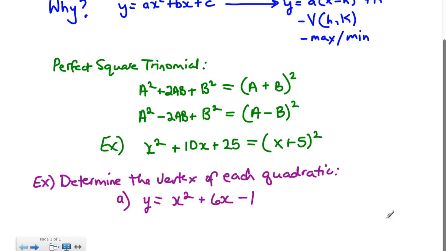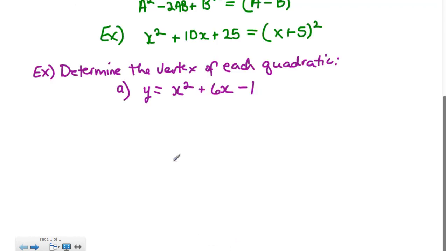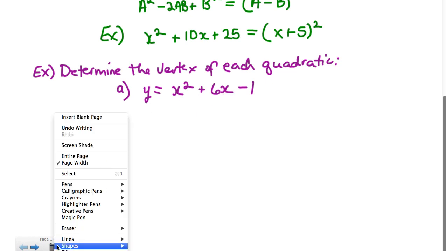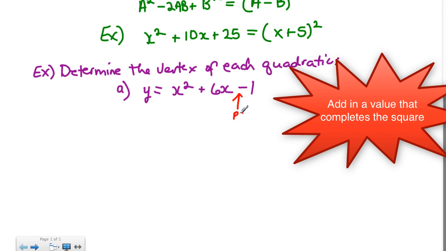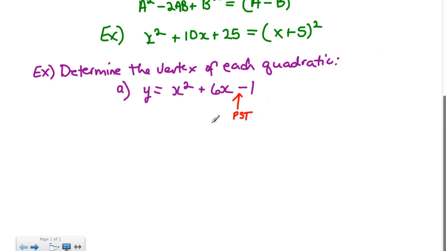So what I'm going to do is add a value in right here that completes the square. That is, I'm going to add in a value that makes a perfect square trinomial. But I can't add a value in without it changing what the actual graph is going to look like. So I'm going to add something in and take it away.